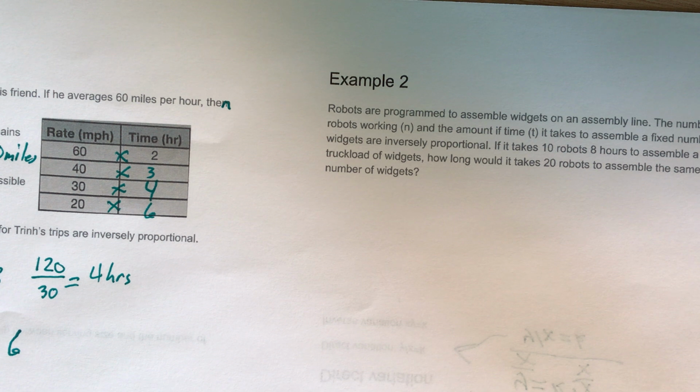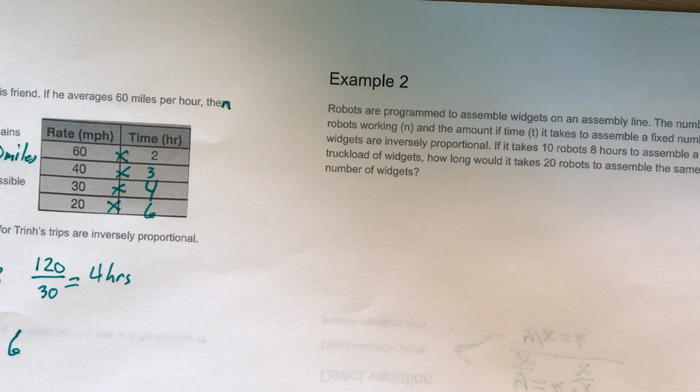Robots are programmed to assemble widgets on assembly lines. The number of robots working, n, and the amount of time it takes to assemble a fixed number of widgets are inversely proportional. If it takes 10 robots 8 hours to assemble a truckload of widgets, how long would it take 20 robots to assemble the same number of widgets?